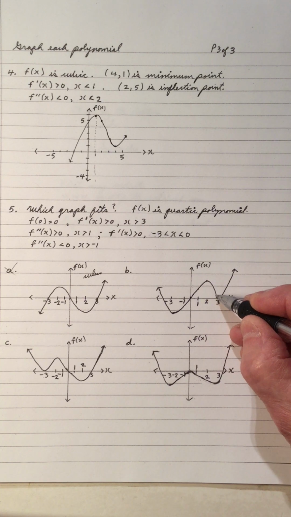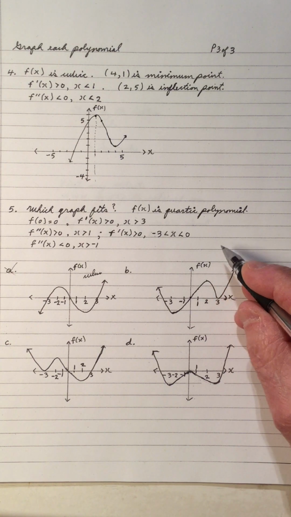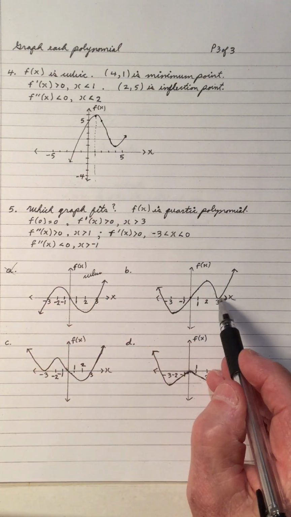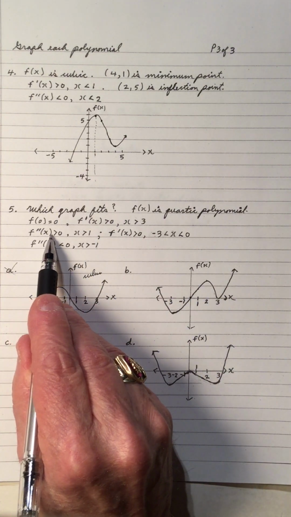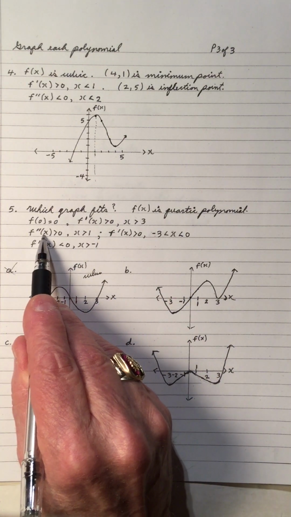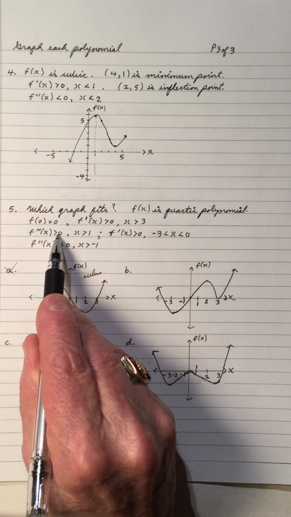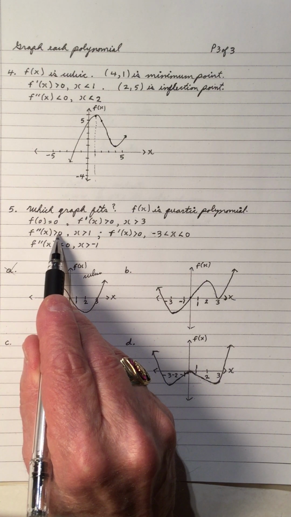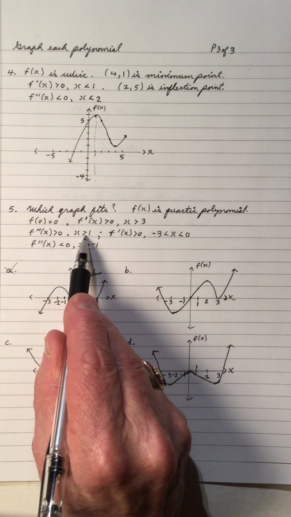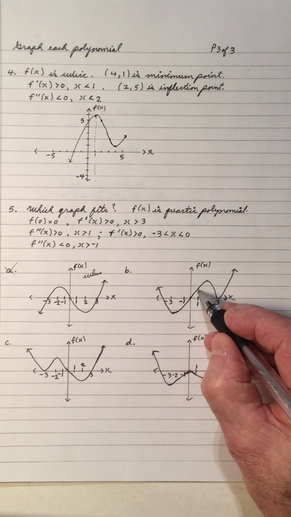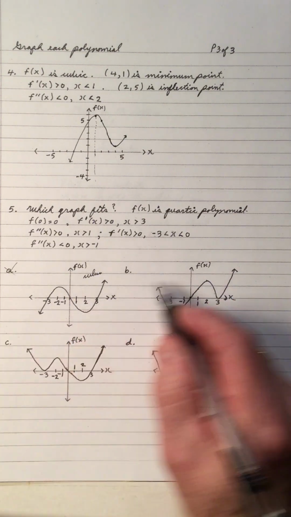The concavity is negative. Nope, doesn't fit. Again, this is true right here, but this is not true. So again, just have a look at it. The concavity is positive. It means it opens up when x is greater than 1. Greater than 1 is here, it's opening down. So it's not this one.